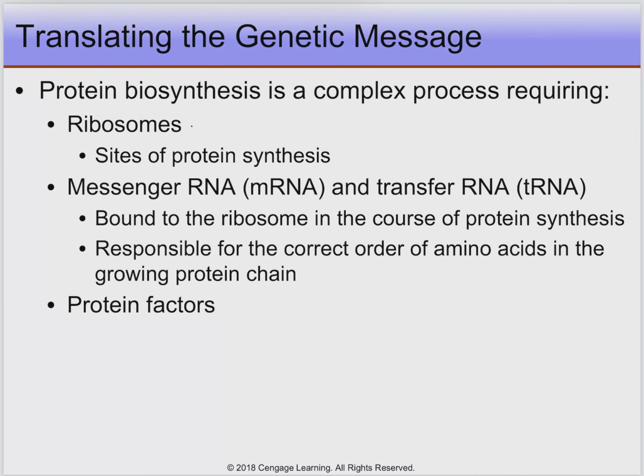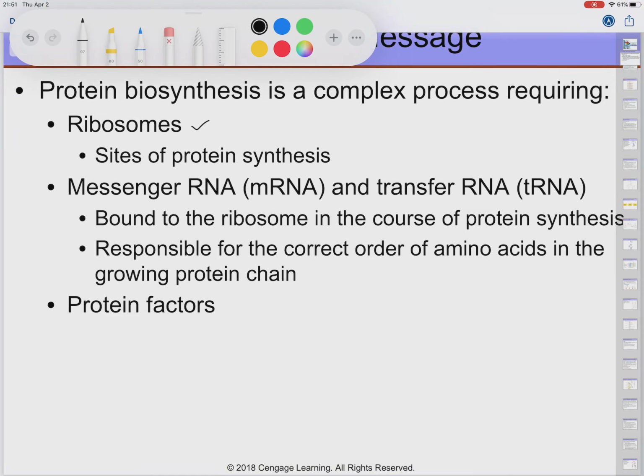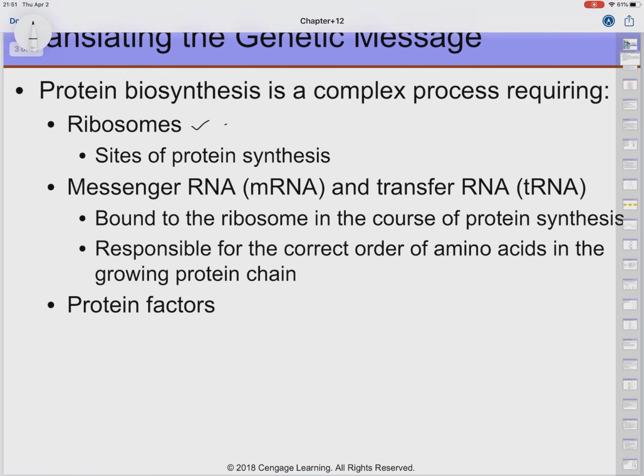All right. So protein synthesis is going to require a few components. We're going to need ribosomes. These are the sites at which protein synthesis actually takes place. We're going to need that messenger RNA that was transcribed in the last chapter that we looked at. And then we're going to need transfer RNAs, these tRNAs. And all of these things are going to kind of complex together.